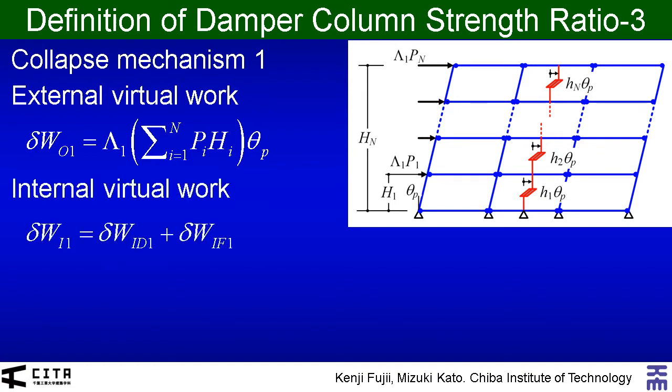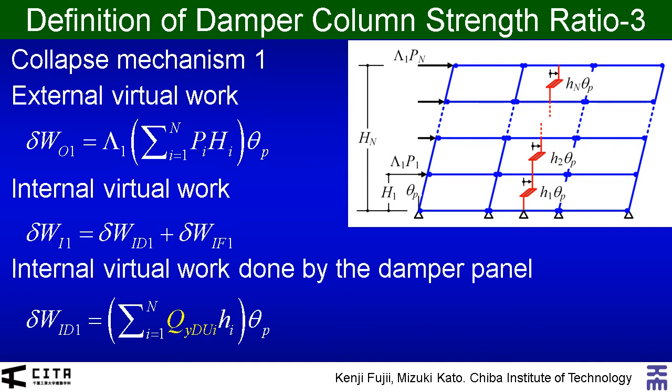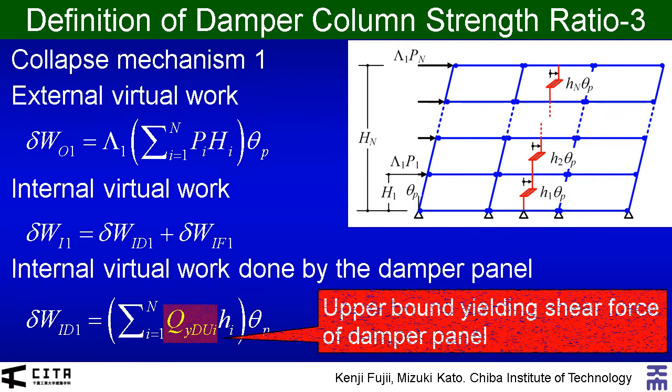It is assumed that the internal virtual work of mechanism 1 is the sum of the internal virtual work done by the damper panel and that done by the other RC beam section. The internal virtual work done by the damper panel is calculated as shown here. In this equation, this is the upper bound yielding shear force of damper panel.